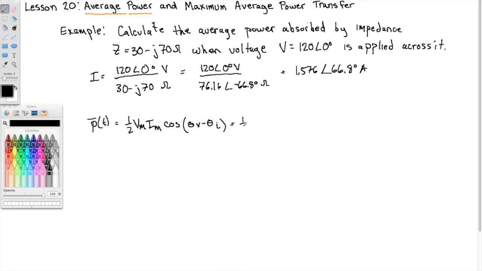So this is 1/2 times the magnitude of the voltage, that's 120, times the magnitude of the current, that's 1.576, times the cosine of the angle in between them, cosine of 0 minus 66.8 degrees, watts. So this gives us 37.24 watts. This thing is absorbing on average.